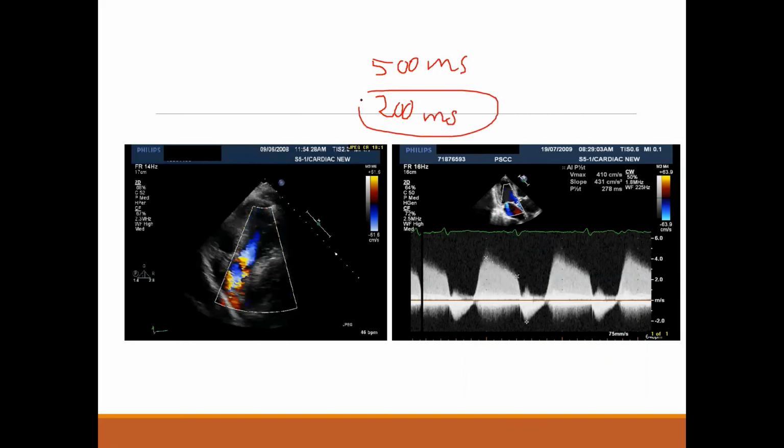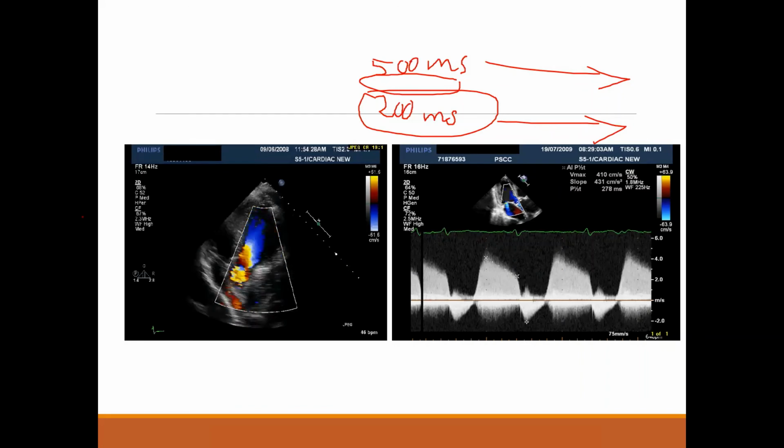If it's 200, that goes towards severe. This goes towards mild, and in between. But you have to be cautious, by the way, and don't put heavy weight on the pressure half time.